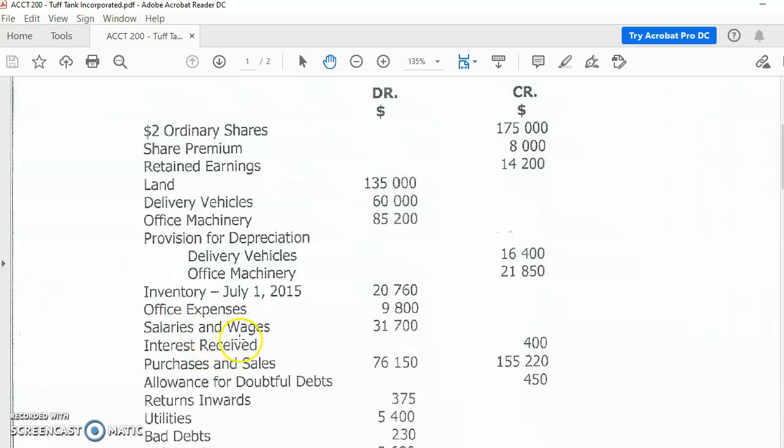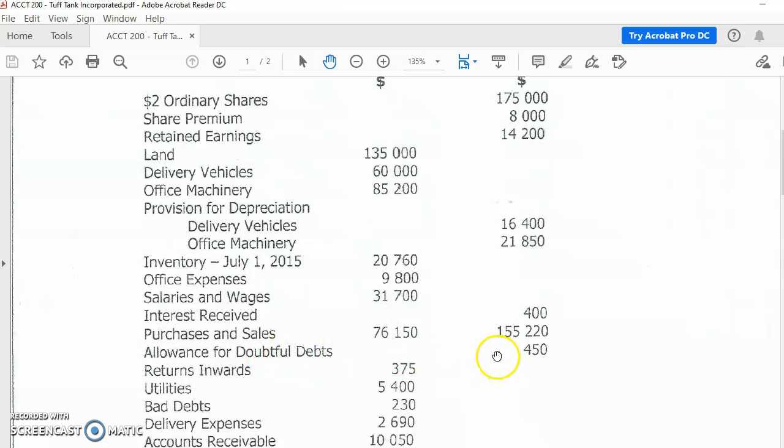We have inventory at the beginning of the financial year, July 1st, 2015, office expenses, salary and wages, interest received, purchases and sales. So remember, purchases will have a debit balance, while sales revenue has a credit balance, so the sales is on the credit side, while purchases is on the debit side.